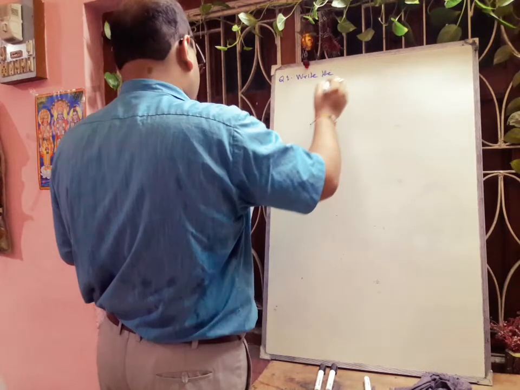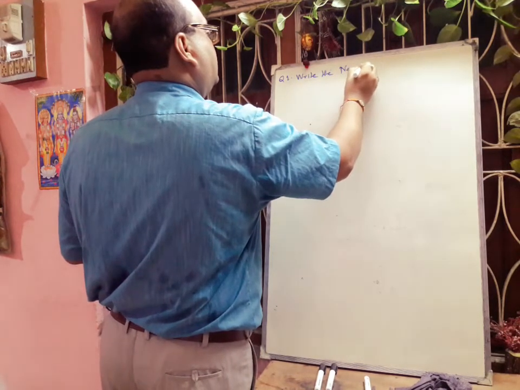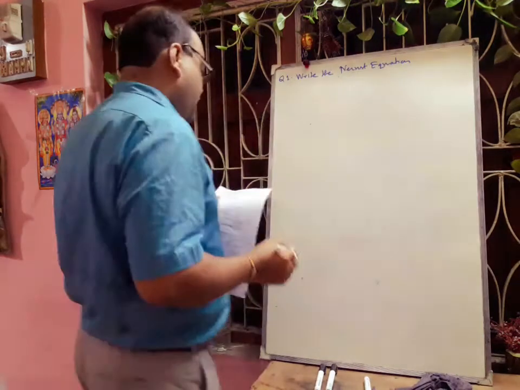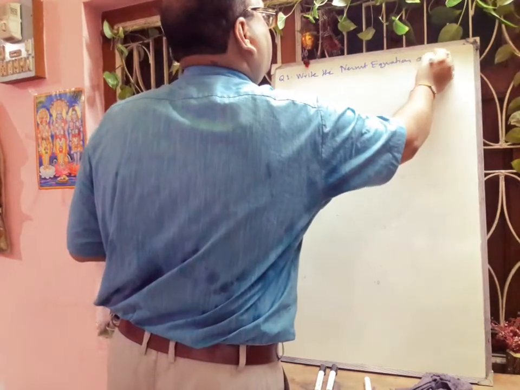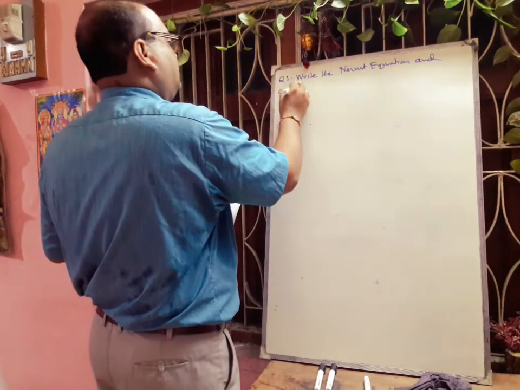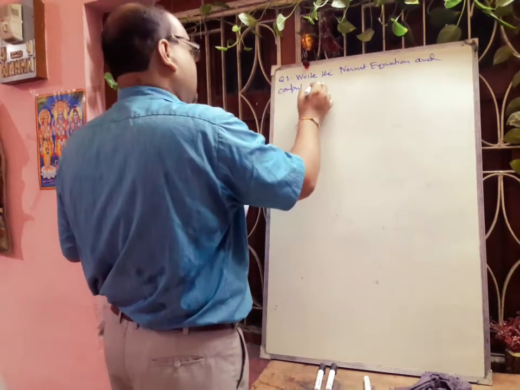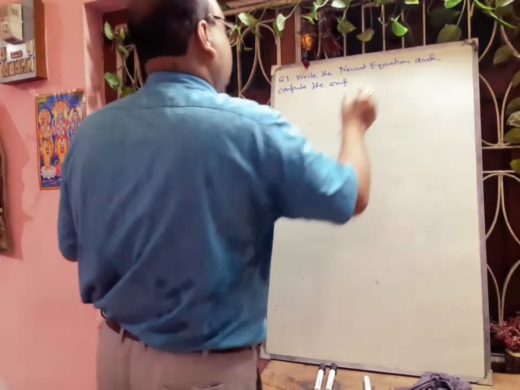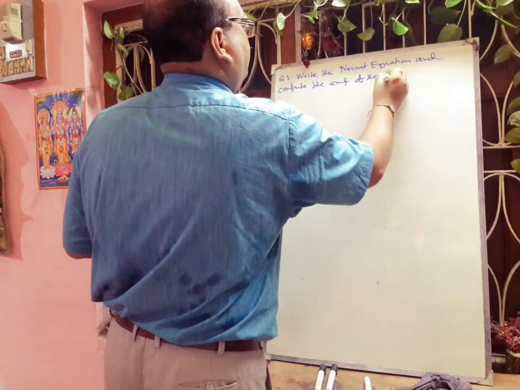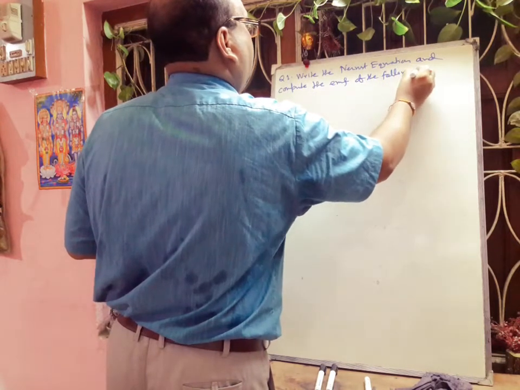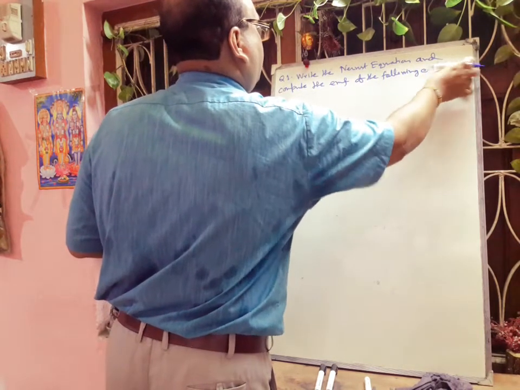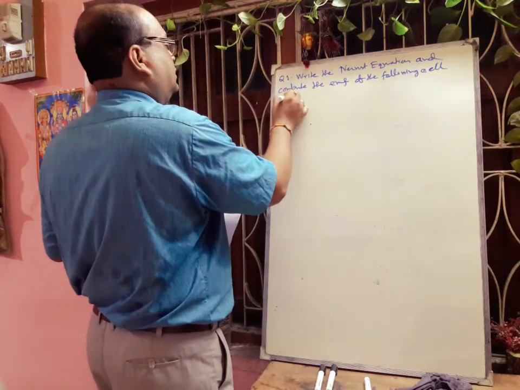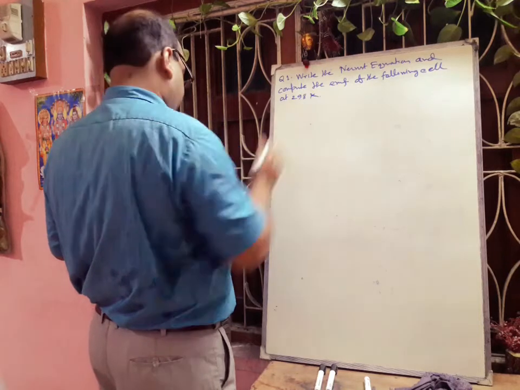Write the Nernst equation and compute the EMF of the following cell at 298 Kelvin.